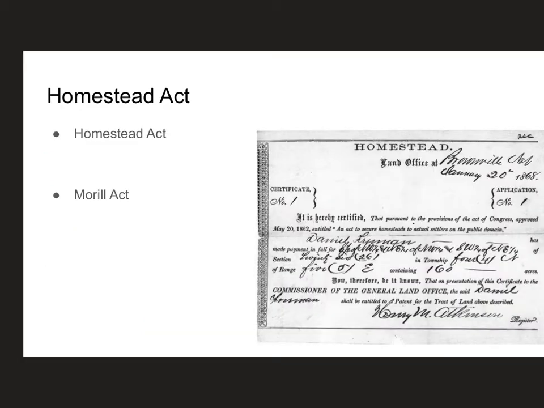So in addition to the railroad, the second thing to increase westward expansion was the Homestead Act and the Morrill Act as well.